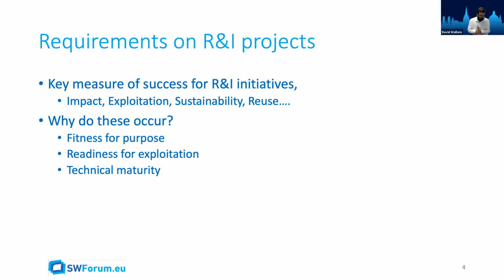When we think about this, the criteria and the reasons why these occur are many. But there are a number that are very clear, that have to be satisfied. If somebody's going to reuse what comes at the end of the project, the output, the outcome must be fit for whatever is being suggested in its reuse. If somebody wants to lift a product or outcome from a project, then of course, it has to be ready to be exploited.